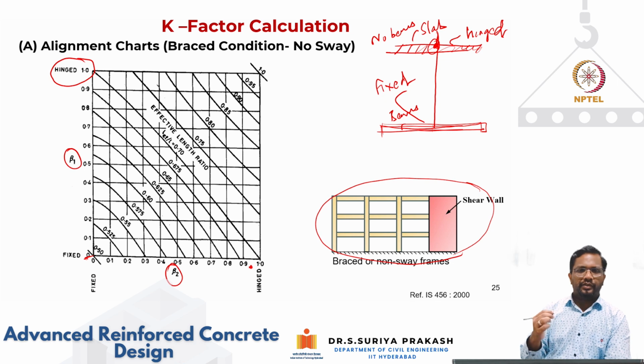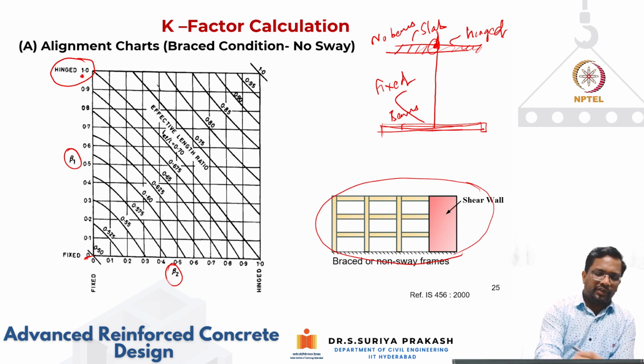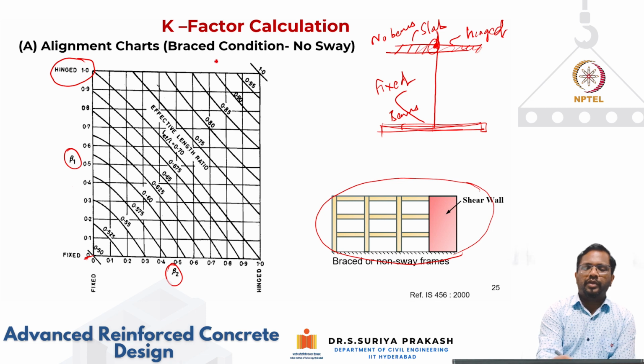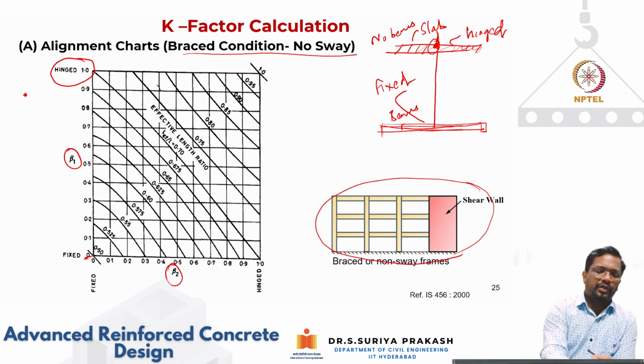Let's take a simple case. Beta 1 is approaching hinge, and beta 2 is also approaching hinge. So what happens to the effective length? Remember, we are in a braced condition, which is not allowed to sway. So I am taking beta 1 equal to 1, and beta 2 equal to 1.